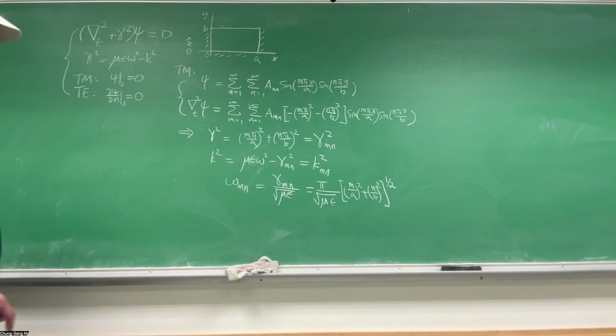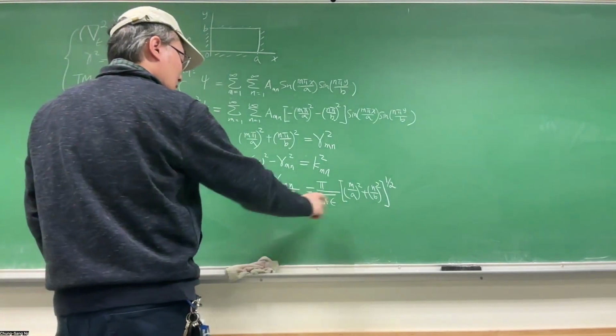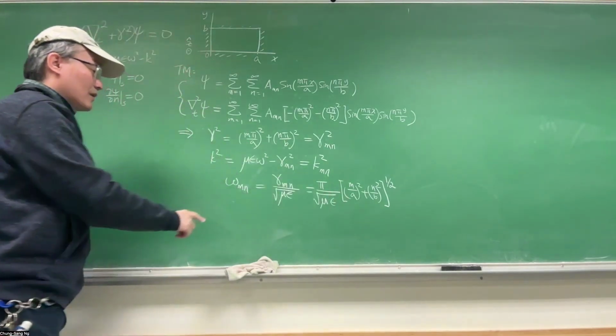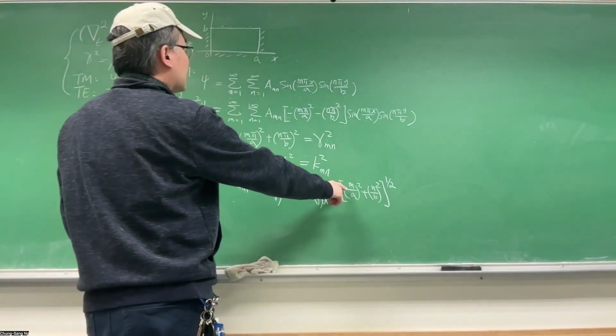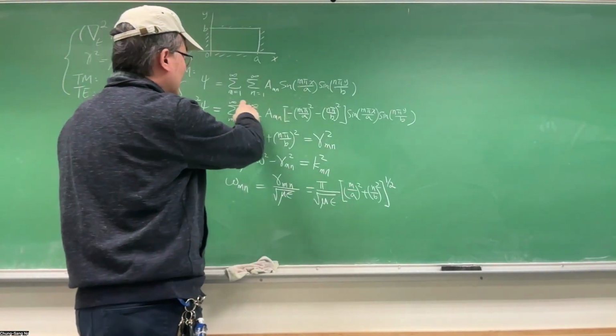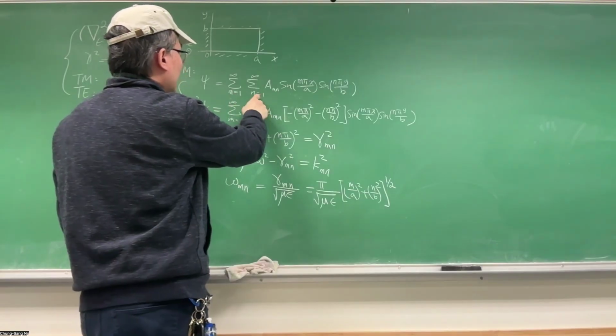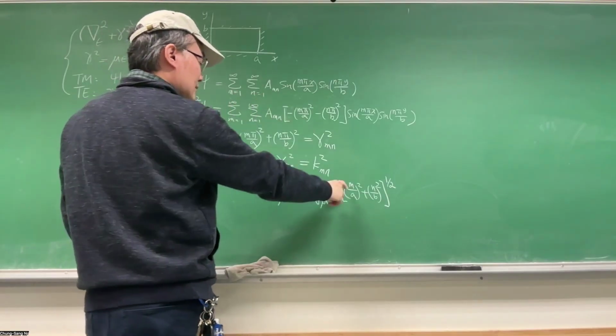Okay, and now you can consider the lowest cutoff frequency. Obviously, from this form, the lowest one is with the smallest m and n. Both the smallest ones are 1.